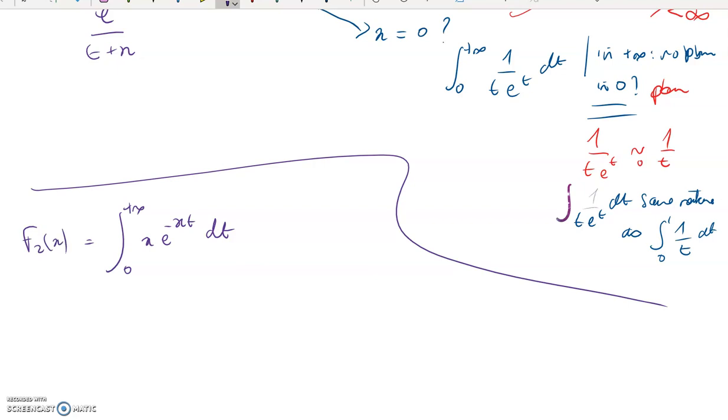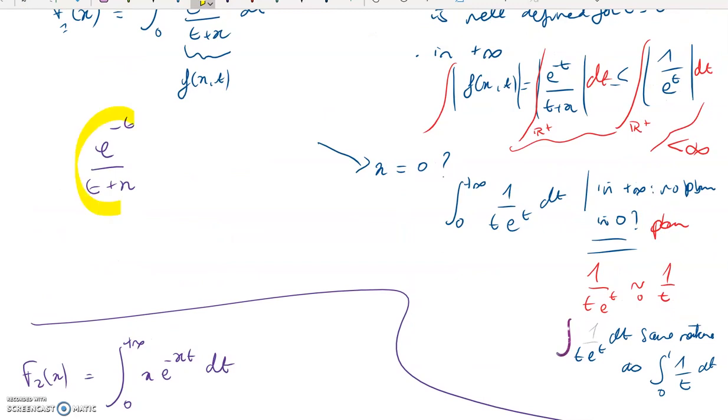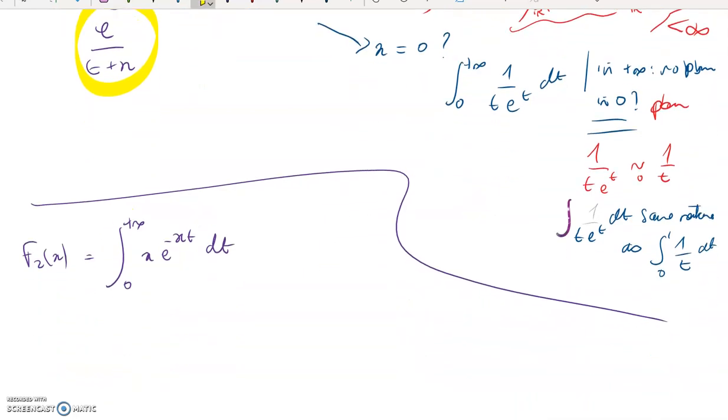Again, it's a function of x because I do the integration with respect to t. In the previous case, in terms of x and t, we already saw that there would be a problem when both t and x would be equal to 0. This function here is the nicest you could imagine. It seems absolutely continuous and well defined. So let's have a look at this integral.